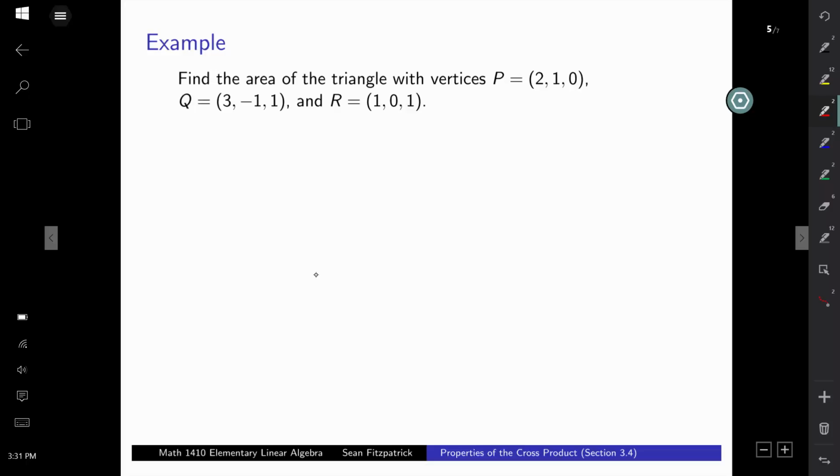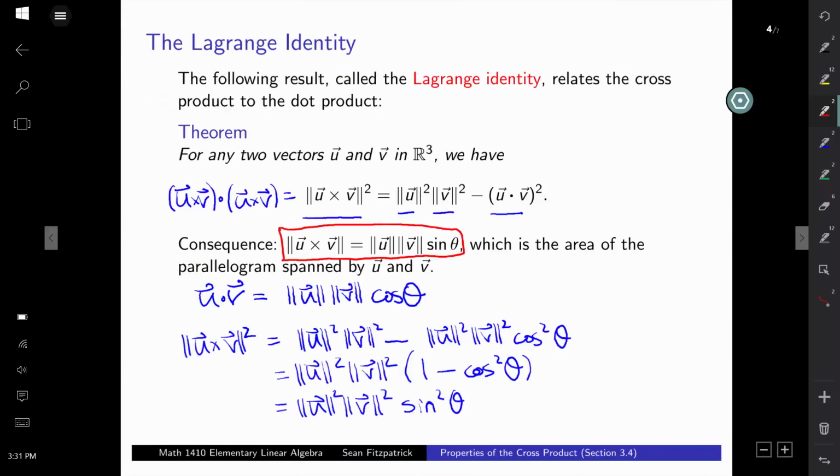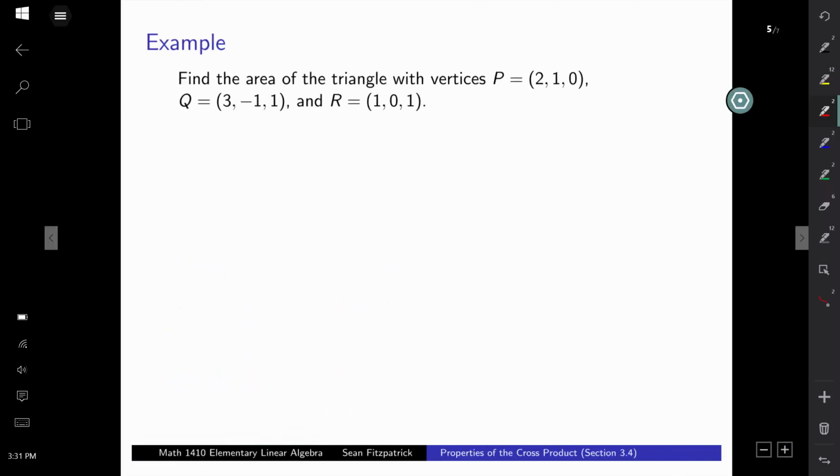Well, let's come back to this formula here. Magnitude of the cross product equals magnitude of u, magnitude of v times sine theta. Let's keep that in mind, and let's draw ourselves a picture. Again, remember that pictures don't have to be accurate.